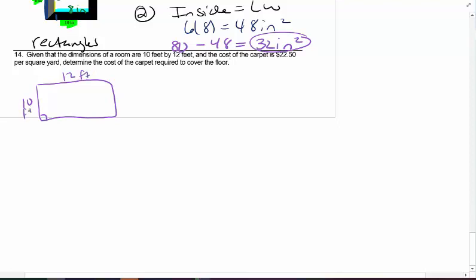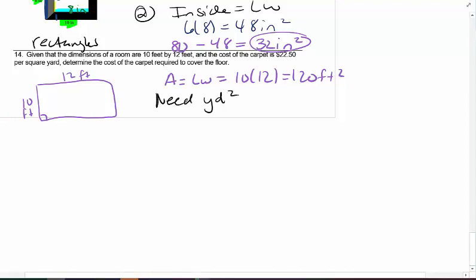You have two options for this problem. You can convert them first, or you can convert them second. Sometimes these problems will be in an A-B type format, and they'll first ask you for the area. So my area is length times width, which is 10 times 12, which is 120 feet squared. Because my cost is per yard squared, we need to convert to yard squared.